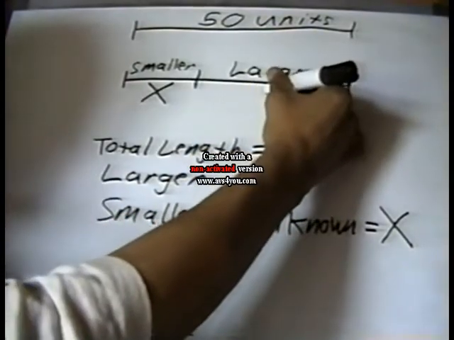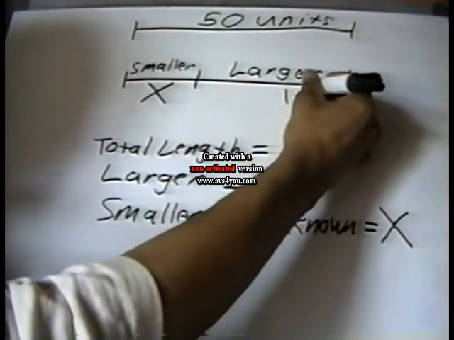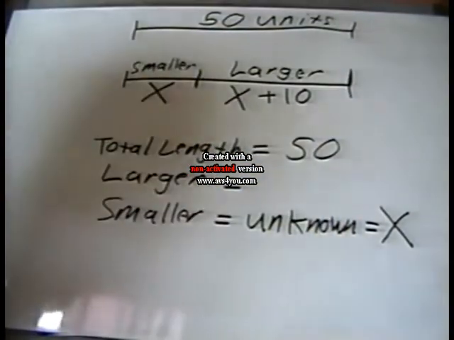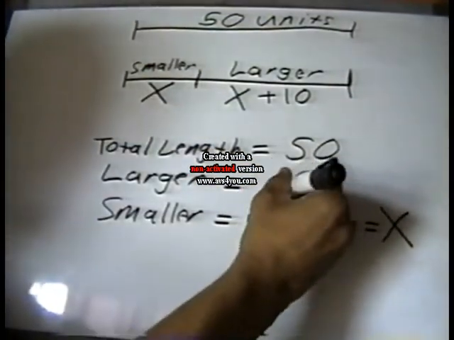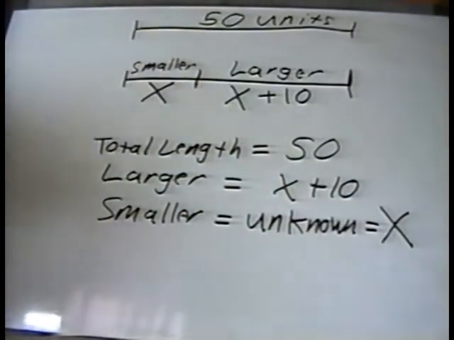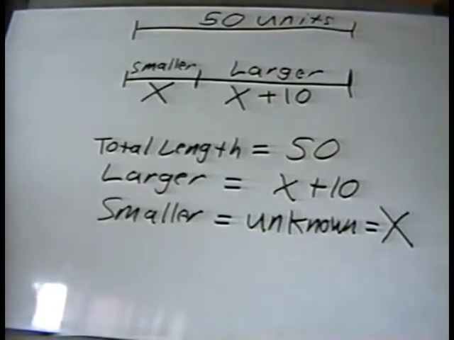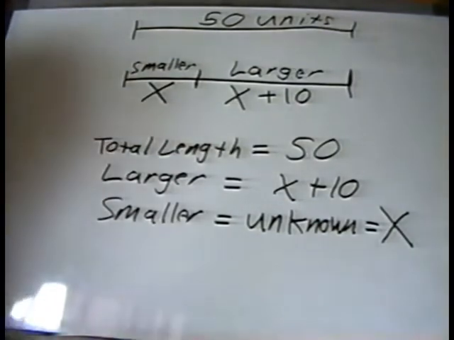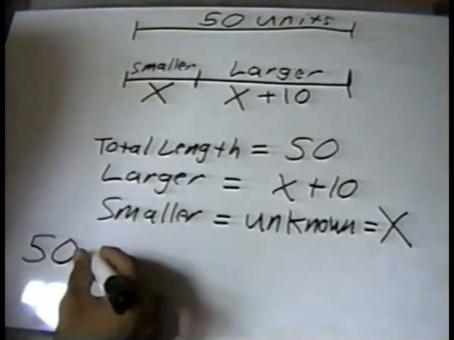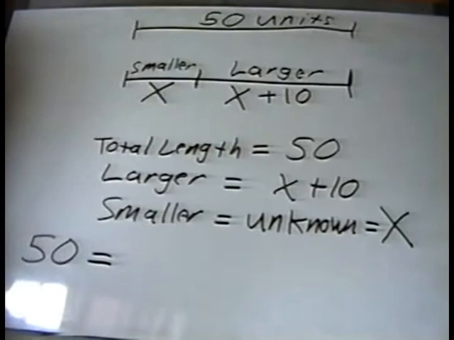So the smaller part is unknown, or we say X for the unknown. Now we label the smaller part of the line X. Now the larger part is 10 units longer than X. So it's X plus 10. So the larger is X plus 10.